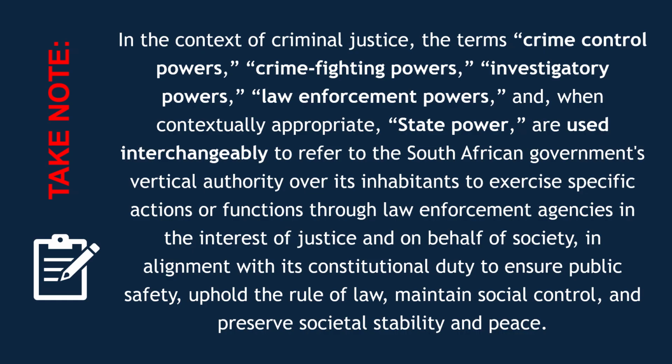In the context of criminal justice, terms such as crime control powers, crime fighting powers, or investigatory powers are usually used to refer to the exercise of a specific branch of the government, specifically the South African Police Services, acting within its scope of power to serve certain crime control objectives.